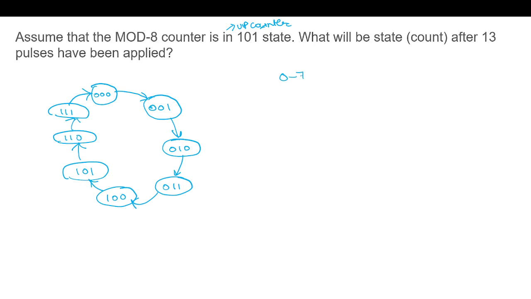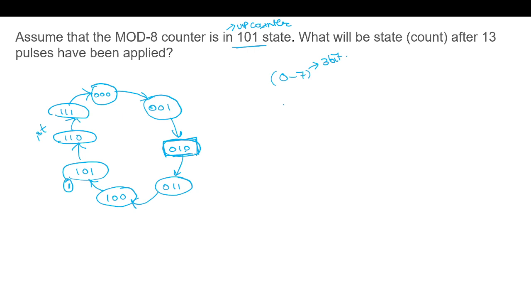So 0 to 7, it's a 3 bit counter. Now it is in this state, and they have given 13 pulses. So this will be the first pulse, then 2, 3, 4, 5, 6, 7, 8, 9, 10, 11, 12, 13.